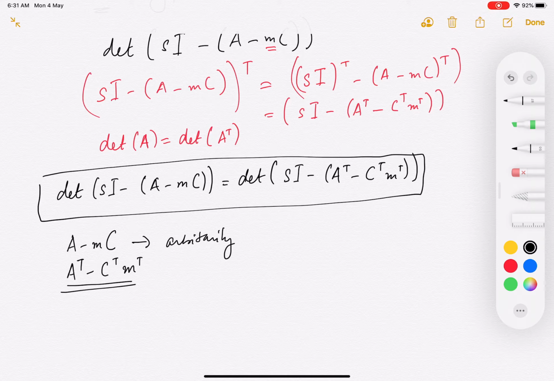And look at the resemblance of this equation with the equation for controller design, which was A minus BK. So you have A and A transpose. These are system properties. C transpose and B, this is again a system property. And then you have these matrices M and K, which are in your control.